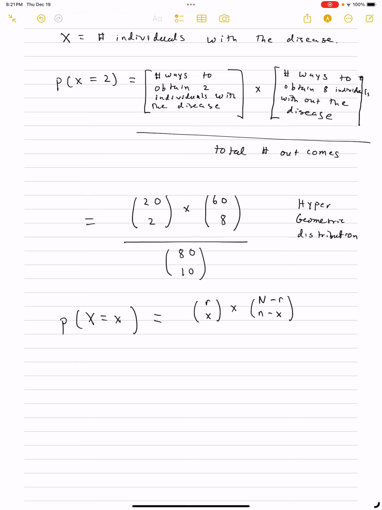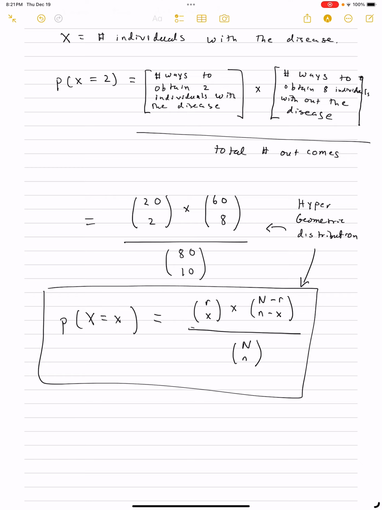That's how many do not have the trait. And the total number of ways to sample this is big N choose the sample size. That is the formula for the hypergeometric distribution, and it's being applied to this specific case.